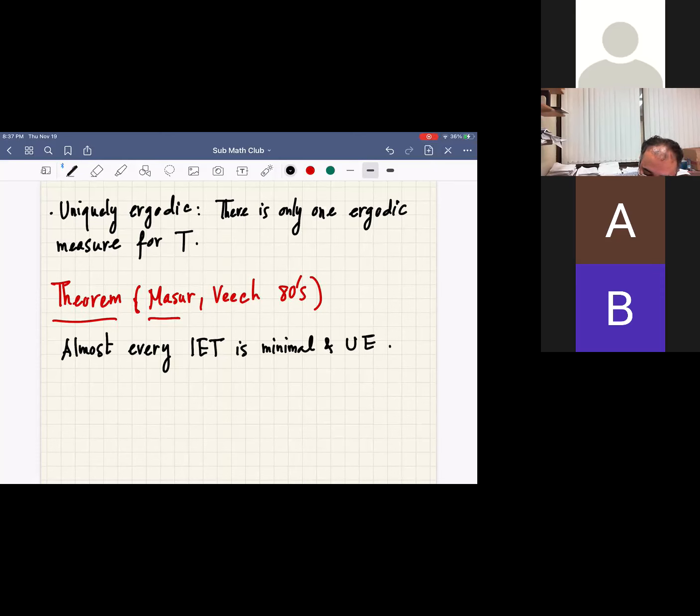I don't want to get into the details of what precisely almost every means here, but it means that if you start with an interval and divide it into a number of pieces and have a recipe for rearranging them, then unless you're unlucky, the interval exchange map which you produce is going to be minimal and uniquely ergodic, which means that it's complex.